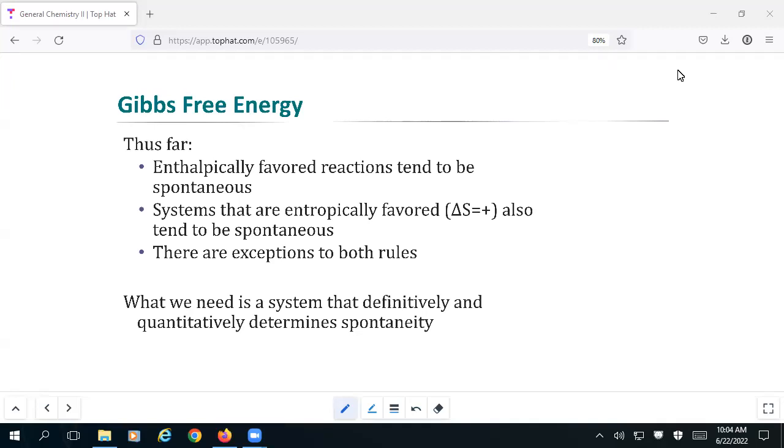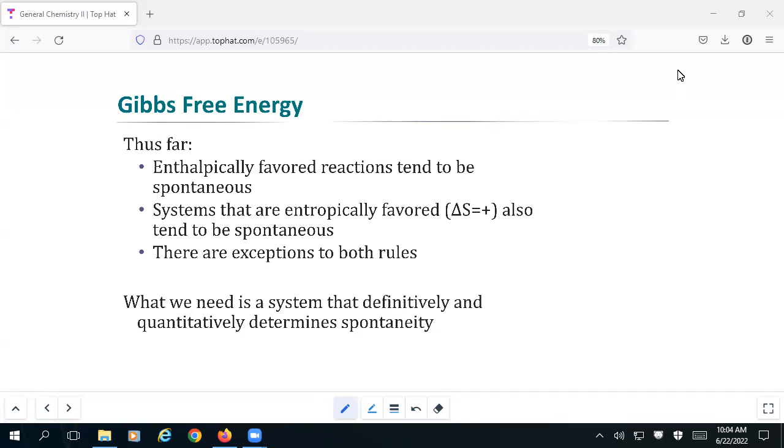And that's where Gibbs Free Energy comes in, because we know that things that are exothermic tend to also be spontaneous. And we also know that things that tend to increase in entropy of the system also tend to be spontaneous. But we also know that there are exceptions to each of those rules.